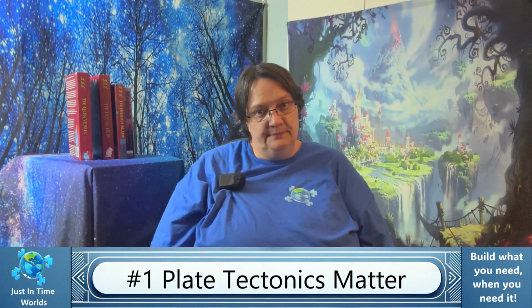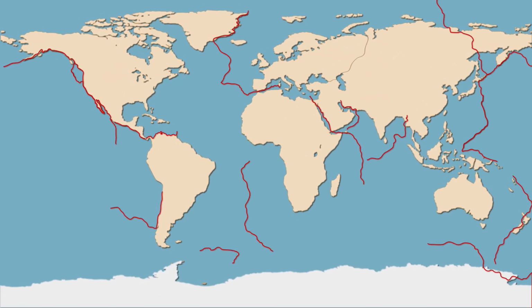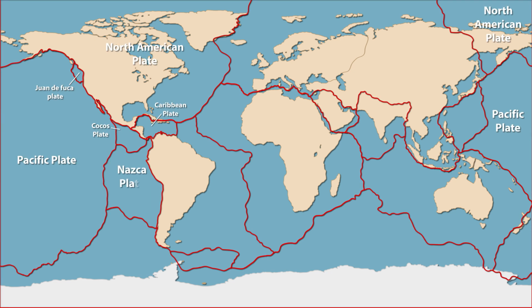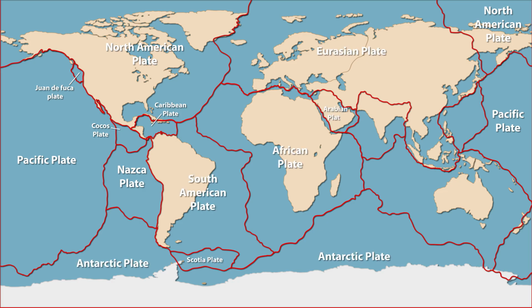Given its importance, let's spend a few moments understanding the basics of how plate tectonics actually works. Plate tectonics is like a big jigsaw puzzle made up of huge pieces of the Earth's outer shell called plates. These plates are constantly moving very, very slowly.